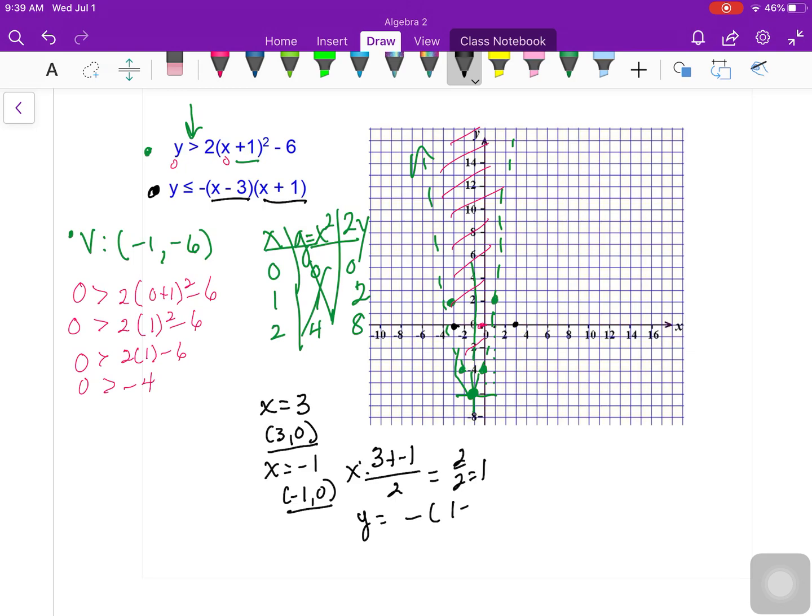I get y is a -1 times 1 minus 3 times 1 plus 1. That's y is a -1 times -2 times 2. That's -4 times a negative is +4. So I get a vertex on the black one of 1, 4.